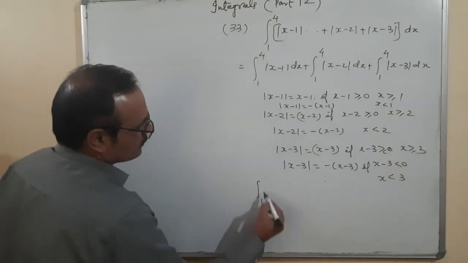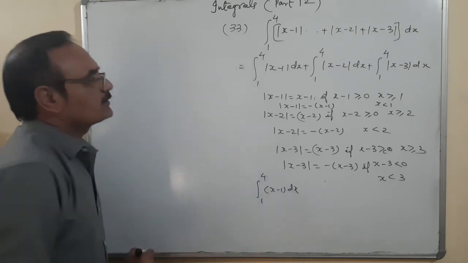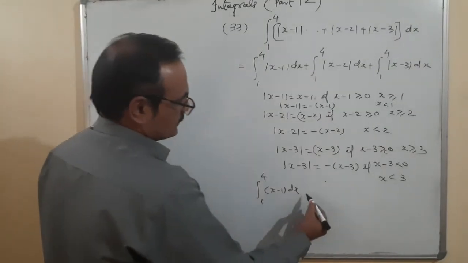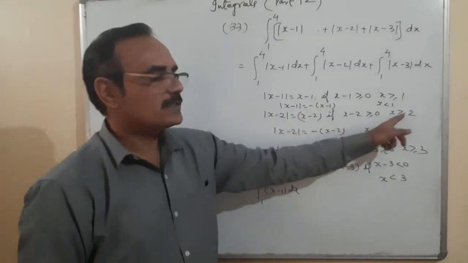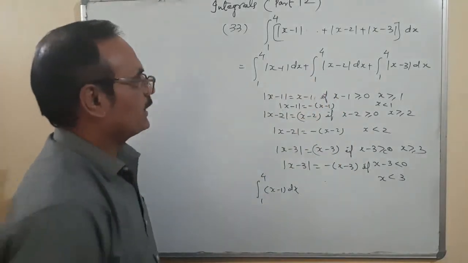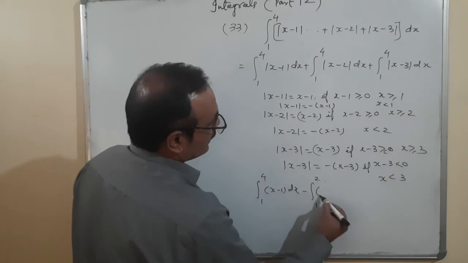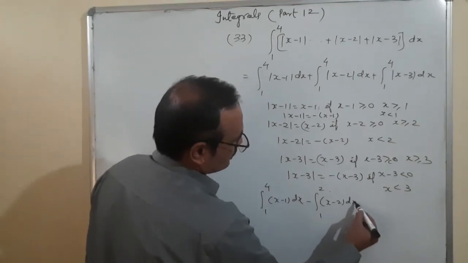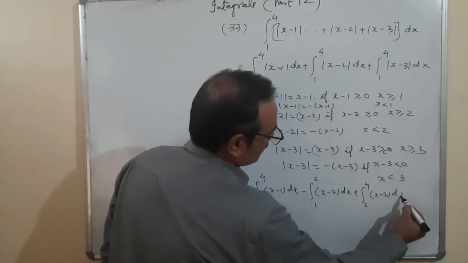1 to 4 x minus 1 dx as it is, no change in it, the first term, plus x minus 2, x is greater than 2. When the limit is greater than 2, positive, less than 2, negative. Minus 1 to 2 x minus 2 dx plus 2 to 4 x minus 2 dx.